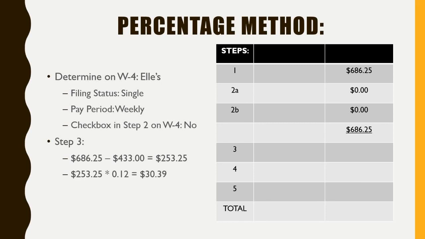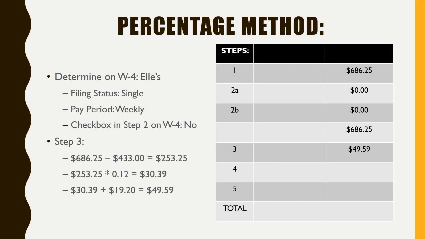Because she's in that bracket, she's going to be subjected to 12% of her extra income. So we take that $253.25 and multiply by 12% to get $30.39. Then we can't forget what letter C does, because letter C is going to tax her no matter how much she earns. So we add that $19.20 to get a grand total of $49.59.